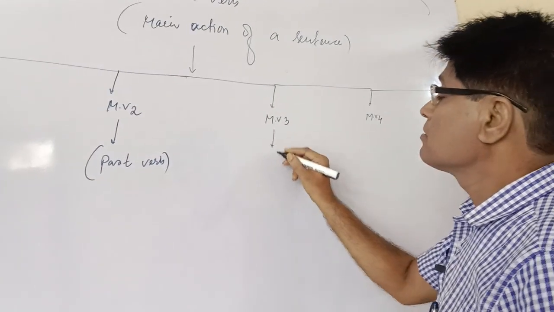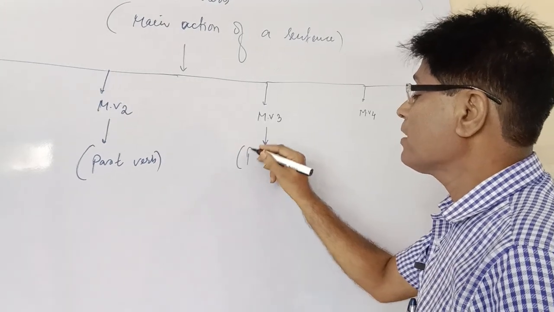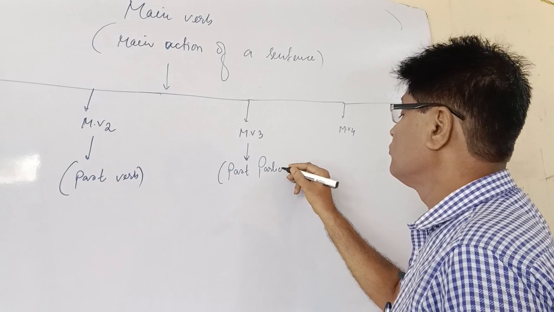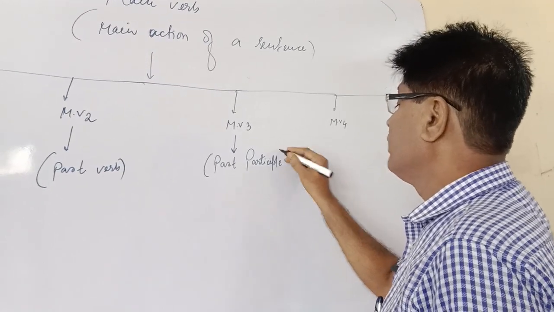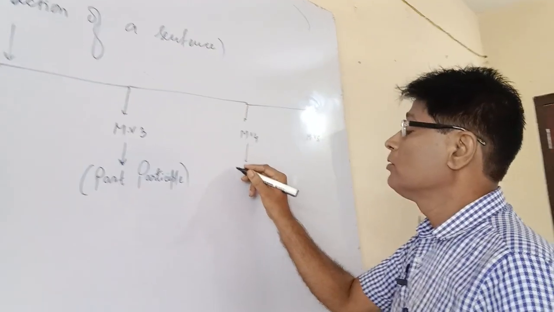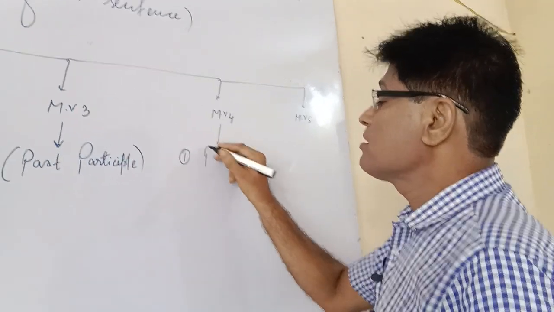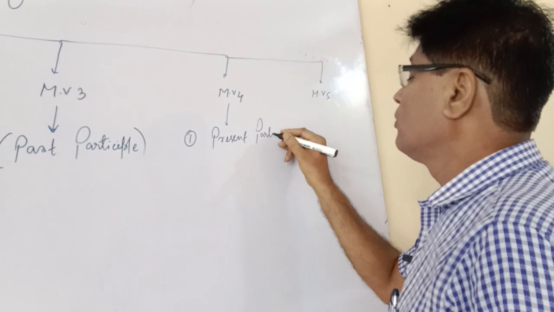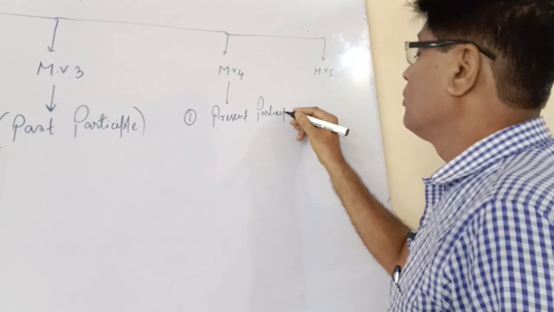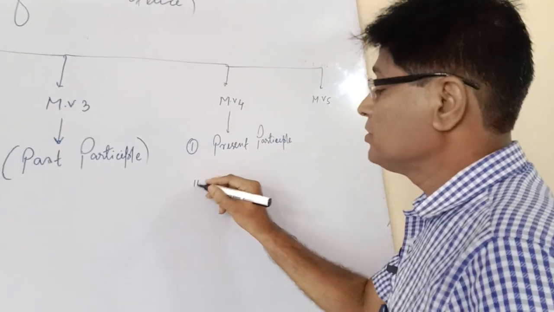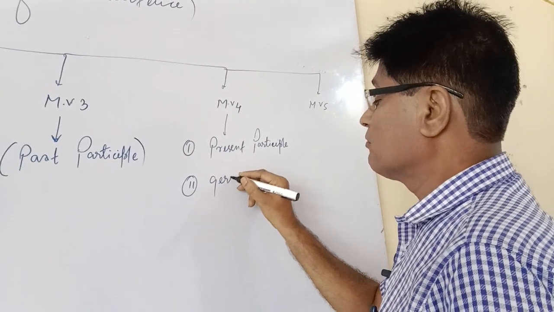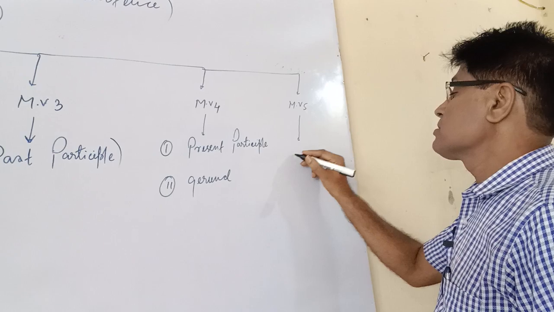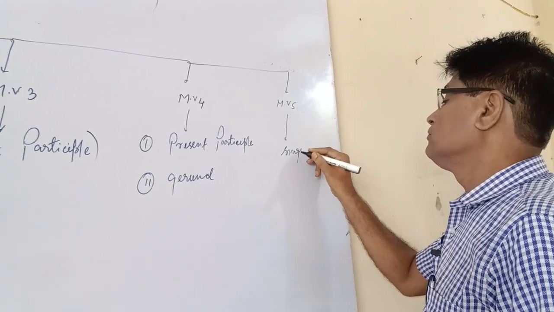The third form is called the past participle form of verb. The fourth form is called the present participle, and gerundial verb or gerund verb. The fifth is called the singular form of verb.